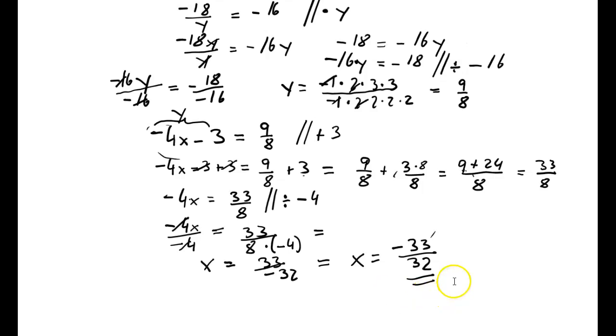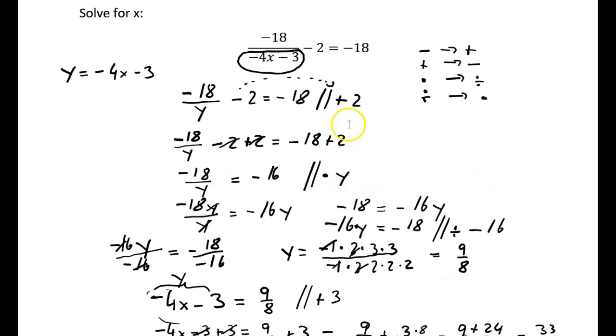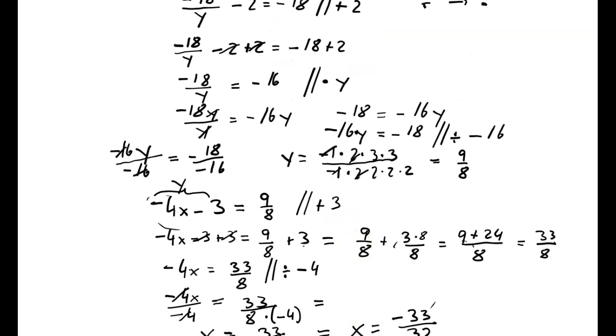It's a little bit complicated, but it gives a nice example of how we can use these different operations and inverse operations to solve a fairly complex term like this one. I hope this makes sense, and thank you very much for watching.